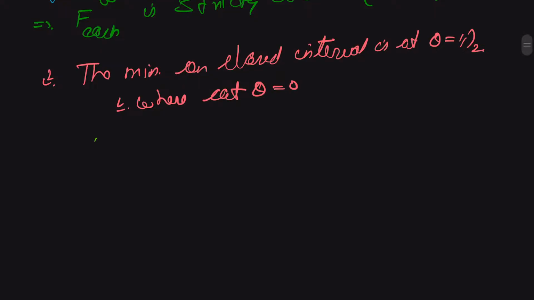Therefore we can write that our F each per unit width, its minima will be equal to 0 at theta equal to pi by 2.